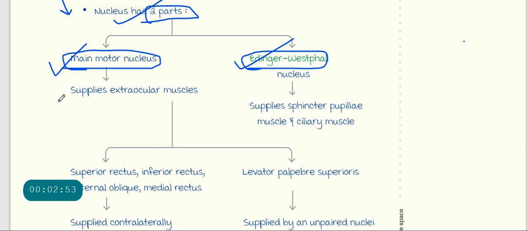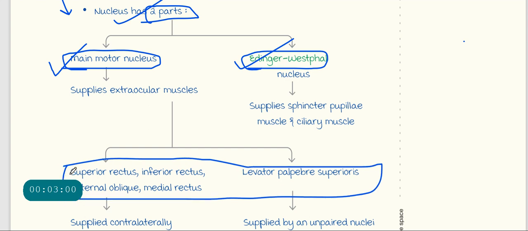Now in the previous lecture we have discussed the muscles which are responsible for the movement in the eye. Now what does the main motor nucleus supply?